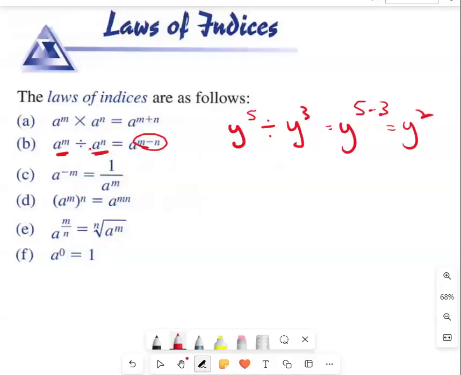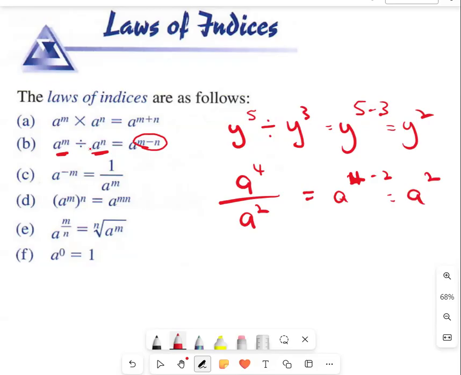Or a to the fourth power divided by a to the second power is a to the second power, because you subtract the indices.